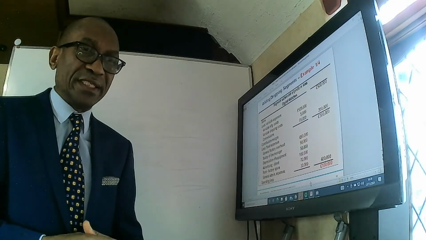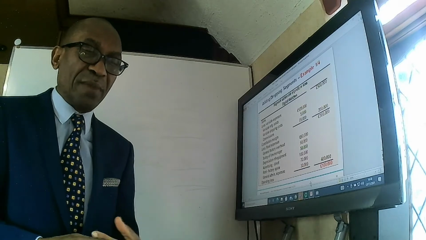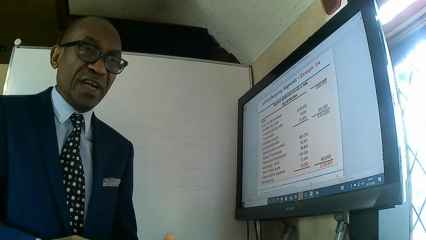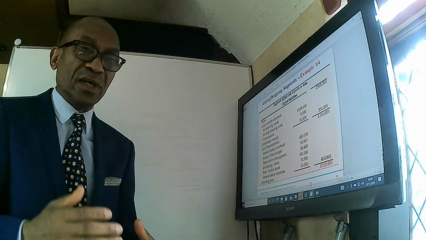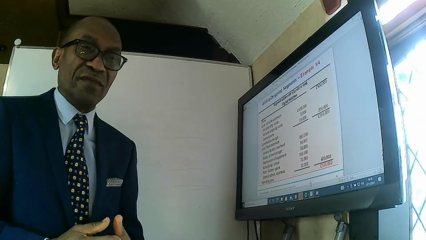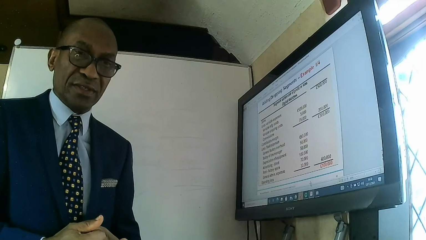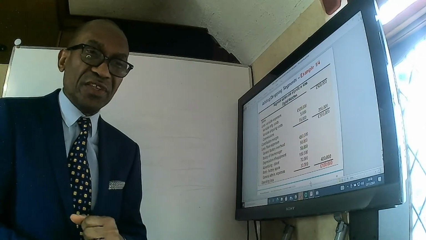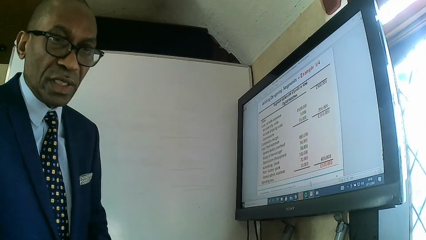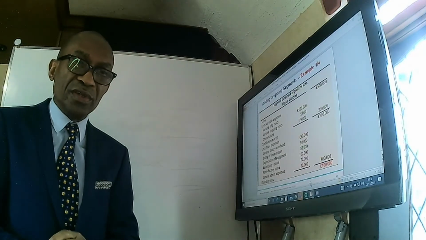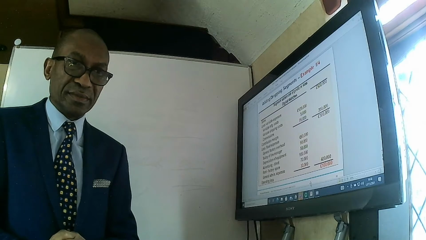The variable expenses, variable manufacturing cost, variable shipping cost and commission, are in order 120,000, 5,000 and 75,000. The total of these three items amounts to 200,000, giving us a contribution of 300,000.